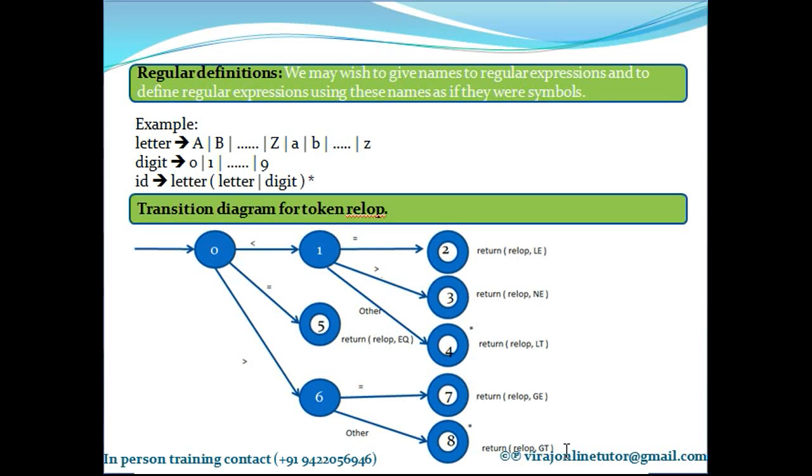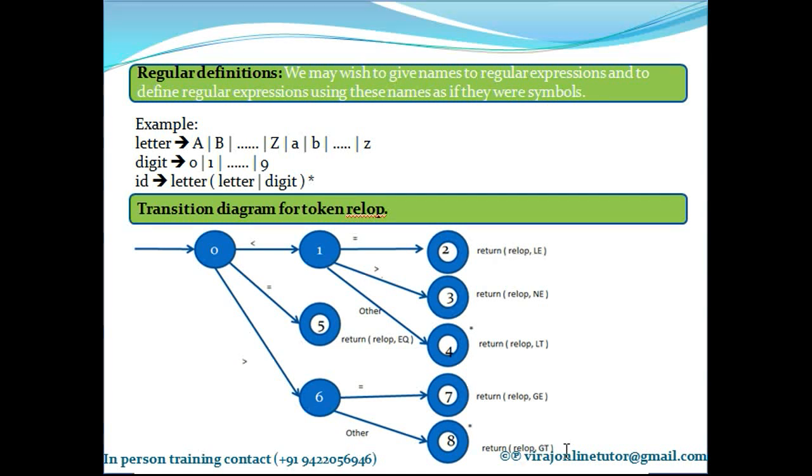Clear? So I'll explain to you all again this transition diagram. The transition diagram that I've drawn here is to identify the token relational operator. Now when we say relational operator, there are different possible lexemes that come under this category: less than, equal to, not equal to, greater than equal to.